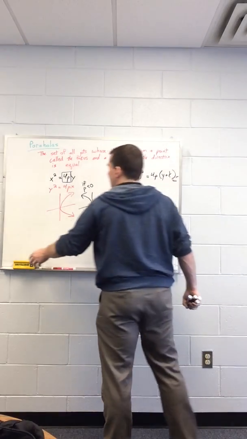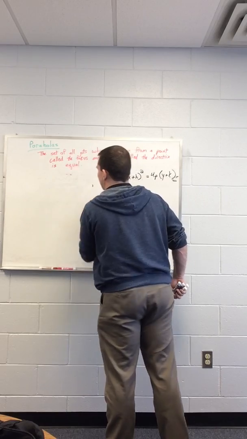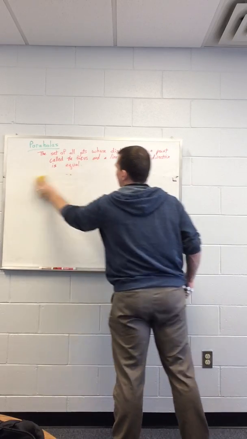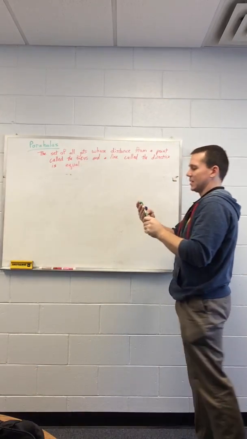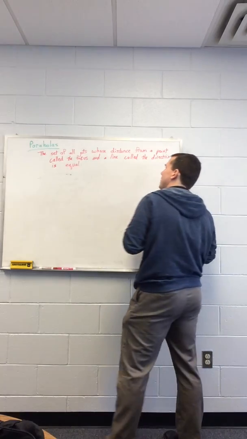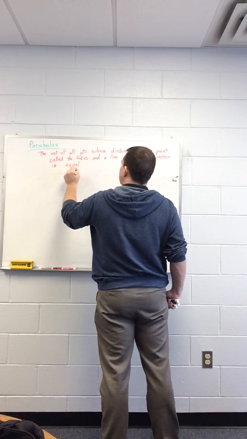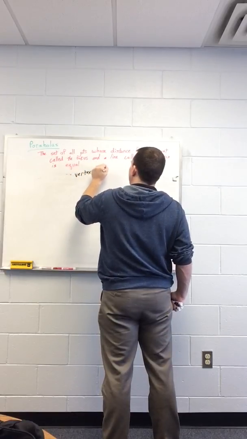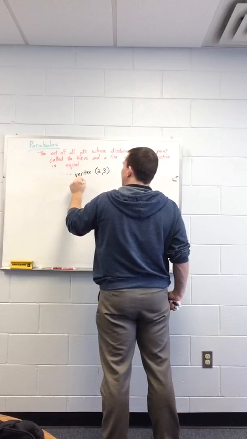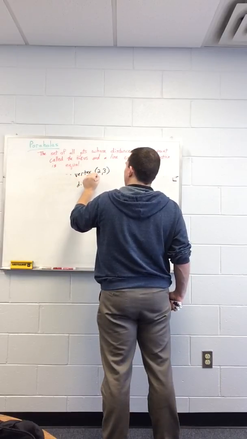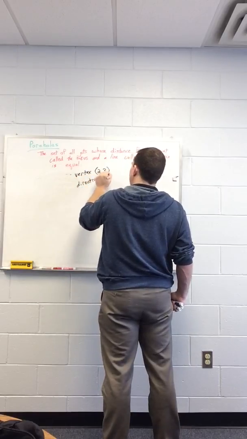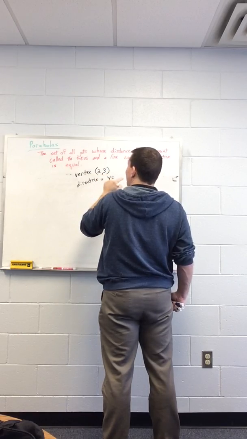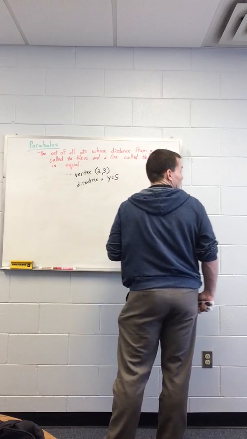So let's just solve one or two of these out to make sure we understand what's going on. So first, suppose we have that my vertex is at 2, 3, and my directrix is equal to the line y equals 5.